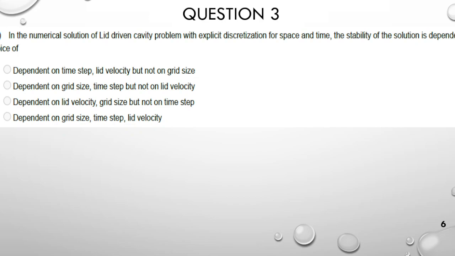Usually in the literature I have referred to, people mention it as semi-explicit. So we are solving it with a semi-explicit discretization. What are the factors on which the stability will depend? That is the question. Time step size, lid velocity, and grid size. Which of these will determine? So what should be the answer?